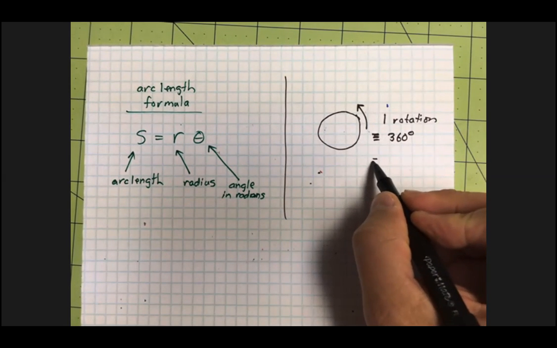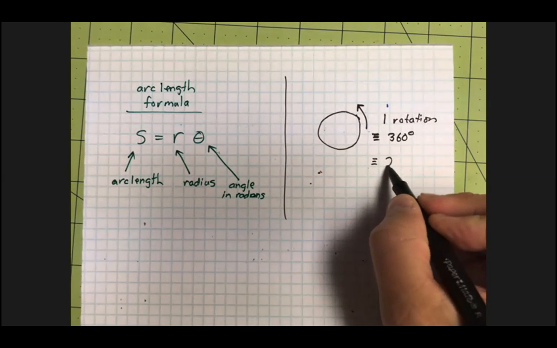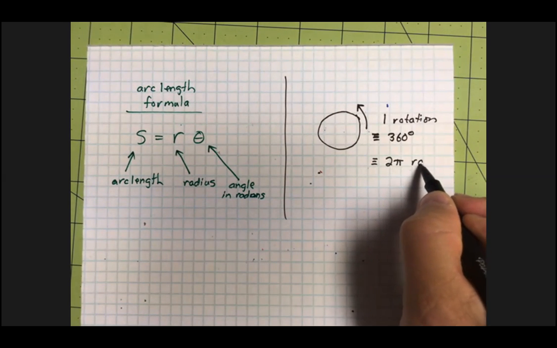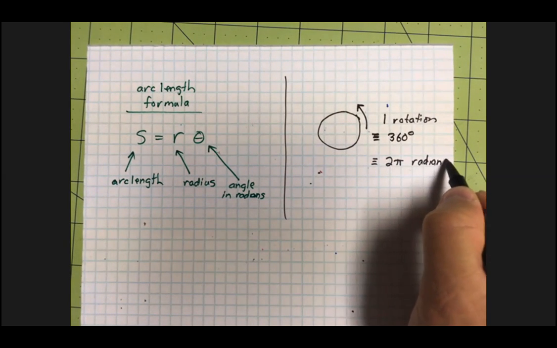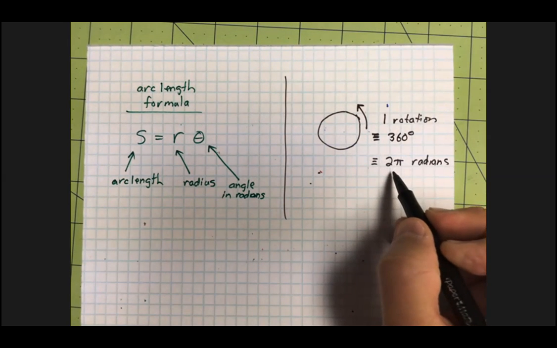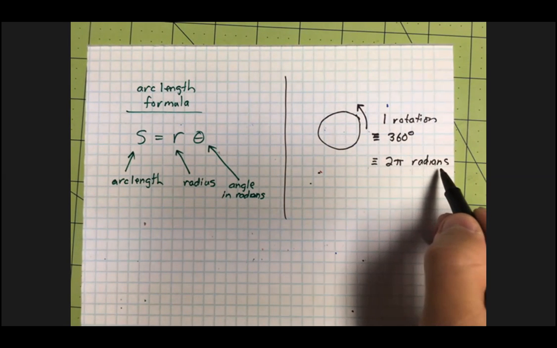Of course, 360 degrees is 2 pi radians. So you could say that the second hand moves 2 pi radians per minute.